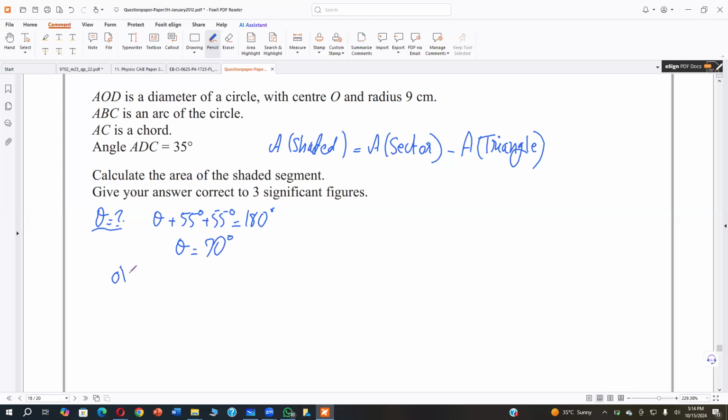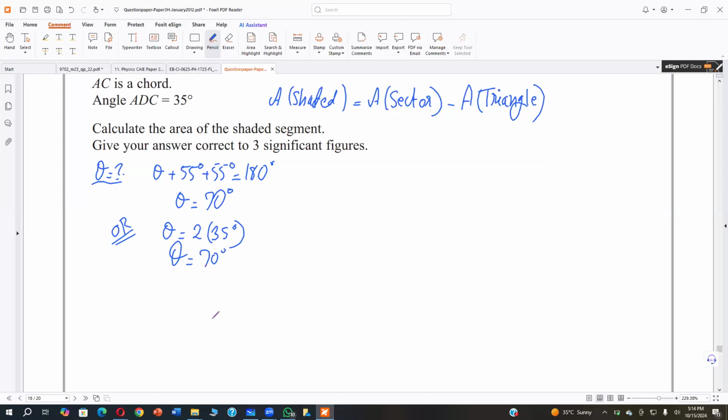Or theta is equal to 2 times 35, so theta is 70. This is called the angle at the center being twice the angle at the circumference. So now we have theta.